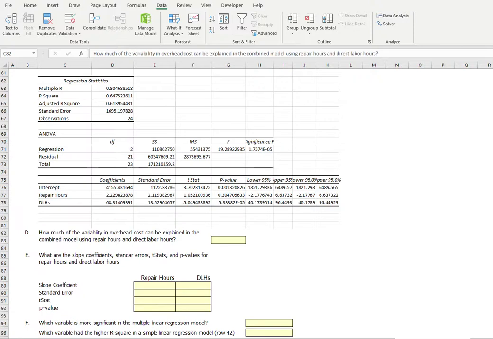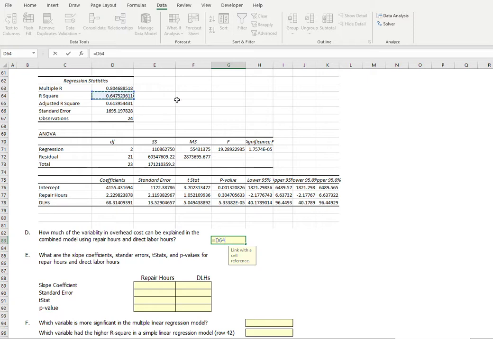Let's answer some questions using our output. How much of the variability in overhead costs can be explained in the combined model using repair hours and direct labor hours? Again, that's our R-squared, 64.7% or 64.8%. What's our slope coefficient for repair hours in our multiple linear regression model? That's 2.23. What's our standard error?